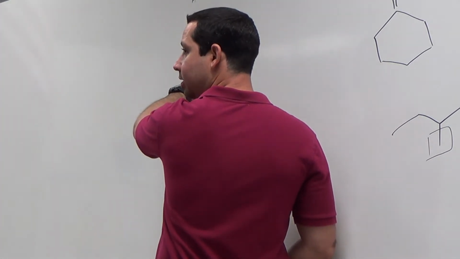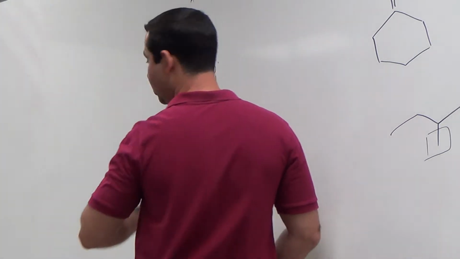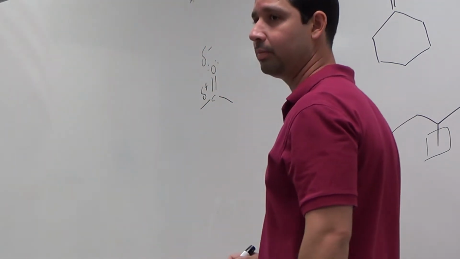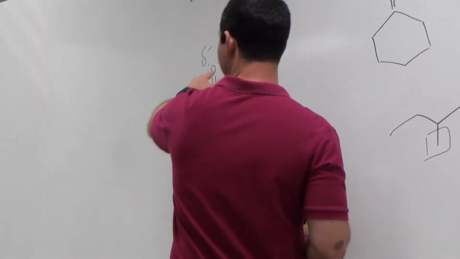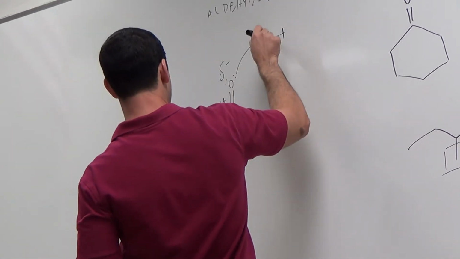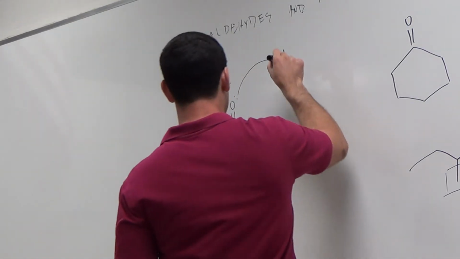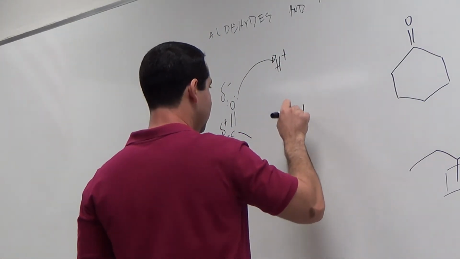Attack things that are positively charged. So if you had H plus, it will protonate this. The electron pair will go and get that H plus wherever it is.